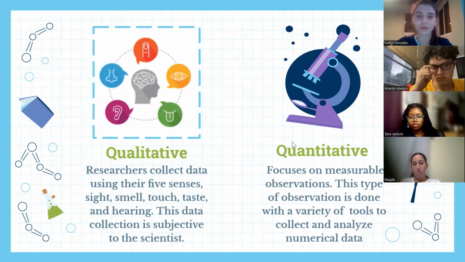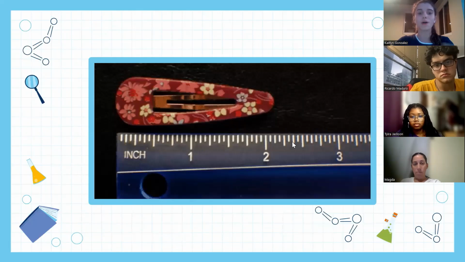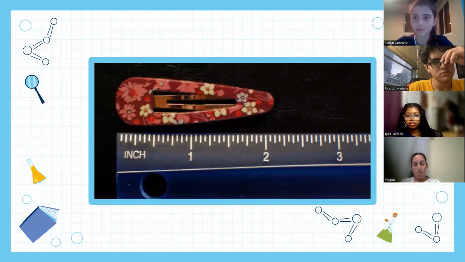So going back to the photo of the hair clip here, let's talk about how we can implement our new definitions of qualitative and quantitative observations to what we observed before. So Ricardo, you mentioned that the hair clip was pink, correct? Yes. This is an example of a qualitative observation because it has to do with one of our 5 senses.